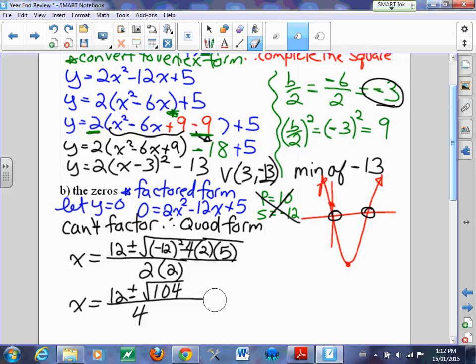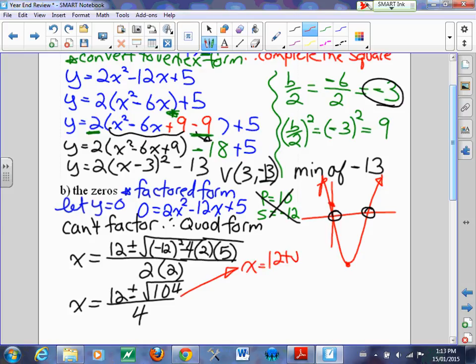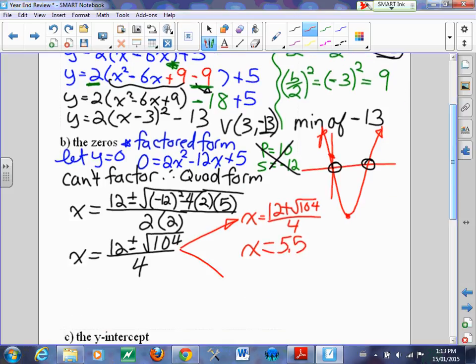We're going to break it up, ladies and gentlemen, into its two cases. So x equals 12 plus root 104 divided by 4. Okay, plug that in your calculator, folks, and you're going to get 5.5. Or do the other root, which is x equals 12 minus root 104, all divided by 4.